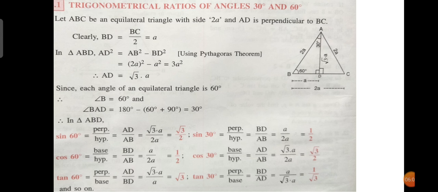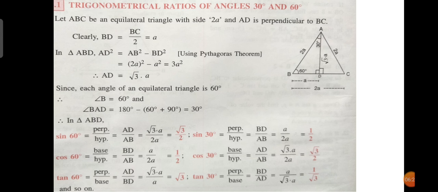And angle BAD, how will you find it? In triangle ABD, one angle is 90 degree and another angle is 60 degree. The remaining angle can be found by 180 degree minus (60 plus 90) degree, because the sum of the angles of a triangle is 180 degree.